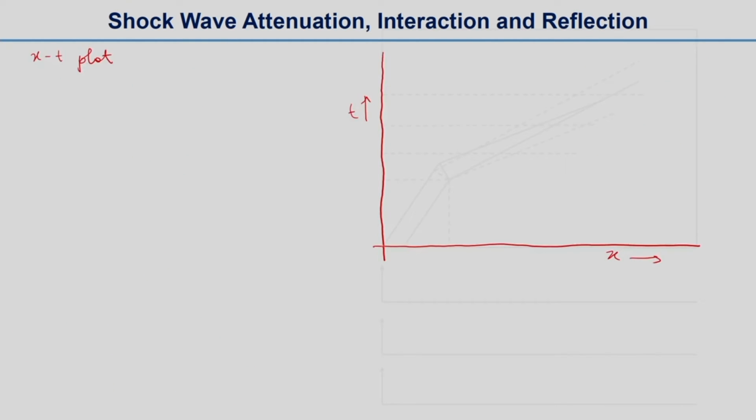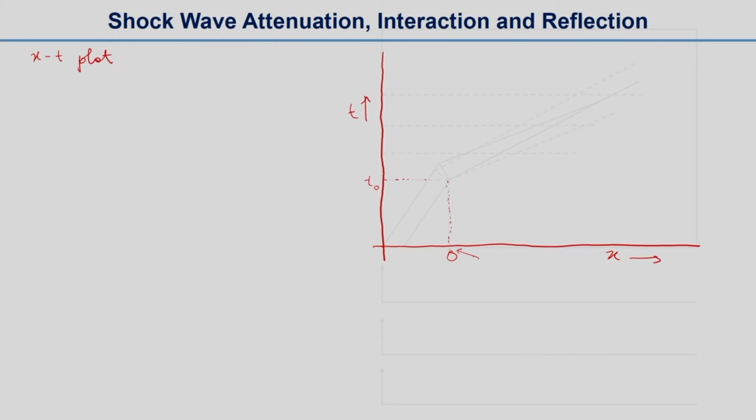Let us assume we are starting from a time which is before the impact. Let us say at time equal to t naught, the projectile will hit the target, and x equal to 0 is the plane, or we can say the front face of the target.